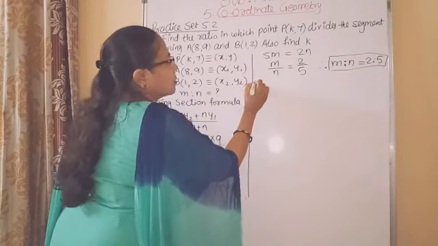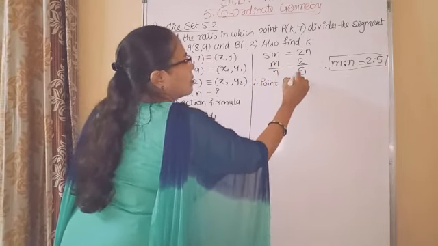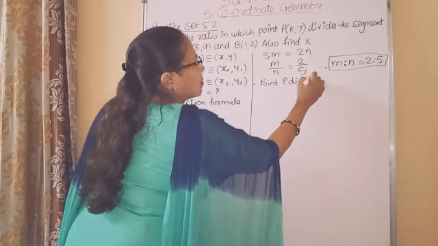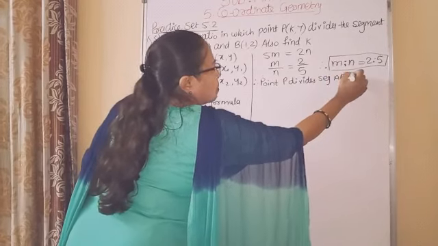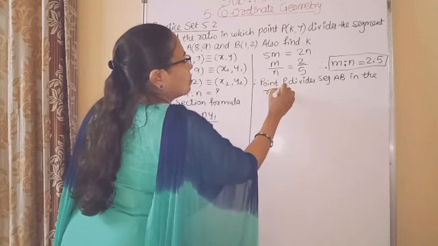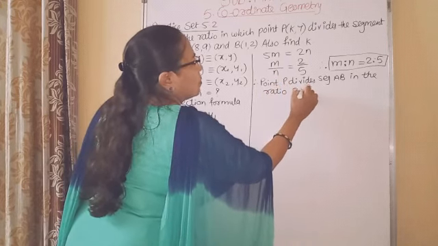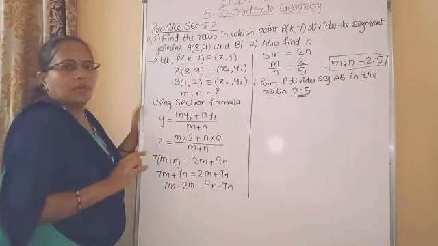We will write the answer. Therefore, point P divides segment AB in the ratio 2 is to 5. So the first question we solved.